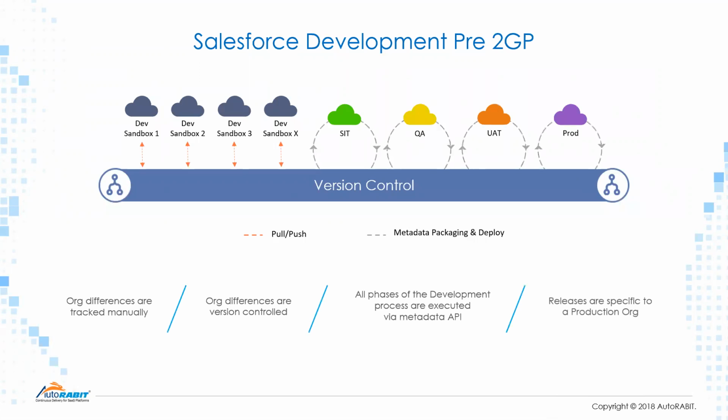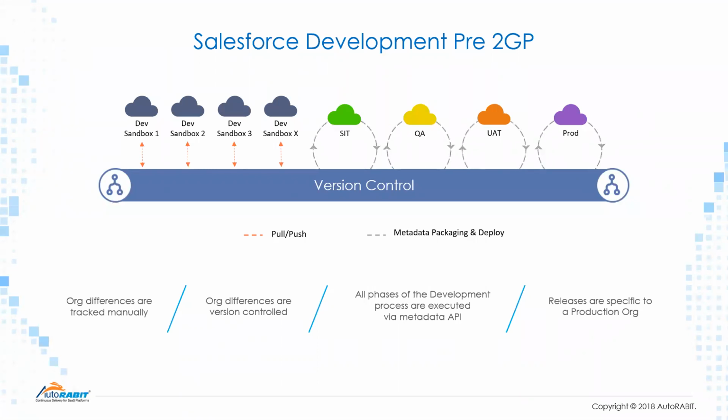For example, if you have an application, you'll figure out what amount of code or configuration you need to generate to make sure your user story gets promoted into the production org as part of the release. When this promotion happens, the developer would not be pushing the entire app by itself, but only the delta of the change that he has made to complete his user story. And again, all phases of this development process are executed manually by the metadata API.